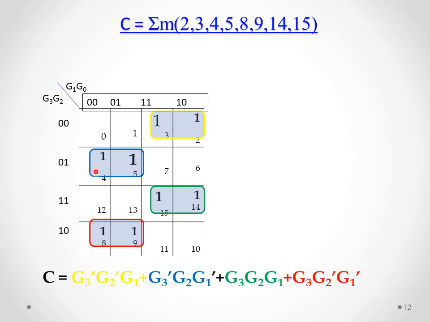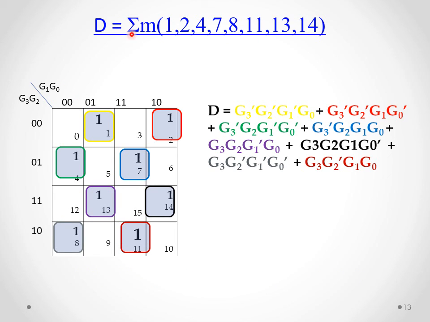The expression for the blue one is G3 bar G2 and the common term is G1 bar. The expression for the green one is G3 G2 and the common term is G1. And the expression for the yellow one is G3 bar G2 bar and the common term is G1.